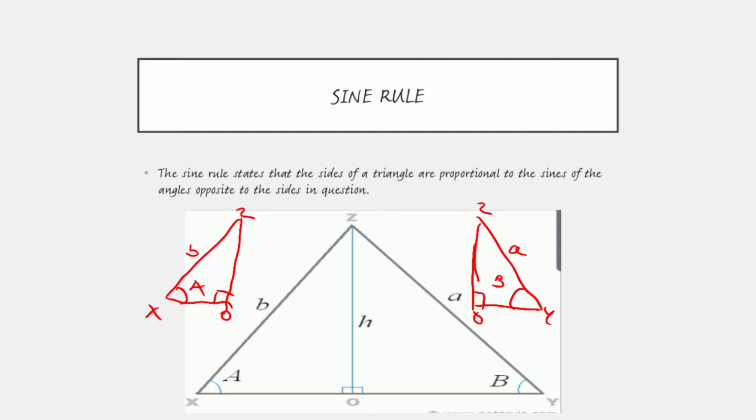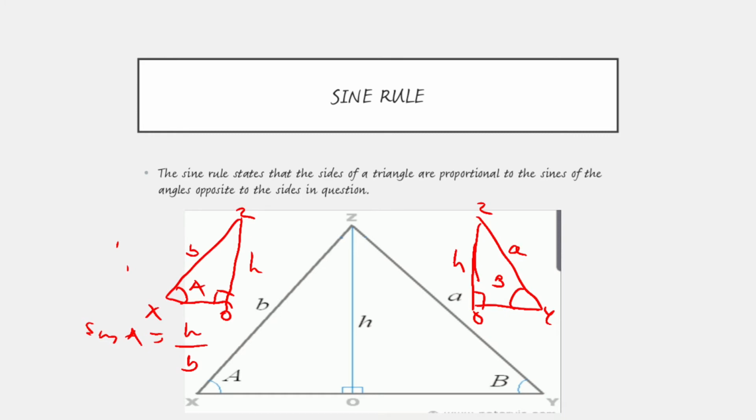If we use SOHCAHTOA, we have sine of this angle A. Sine A is going to give us opposite over hypotenuse. Our hypotenuse here is B. Our opposite is this, which is H. So sine A equals H over B. Then the same thing here too.